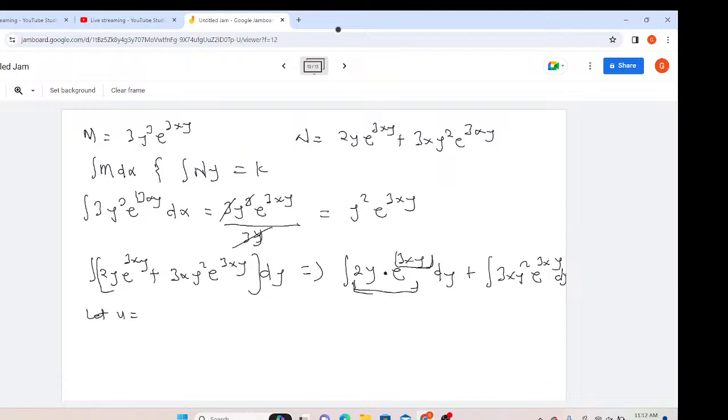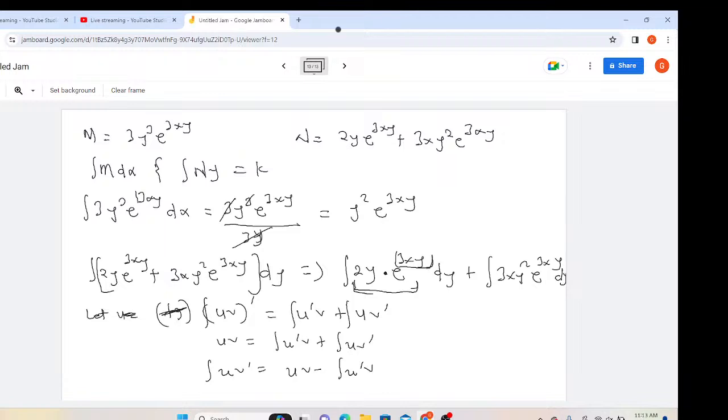When I differentiate u v, or u v prime, this is actually equal to u prime v plus u v prime. So I integrate both sides, and this gives me u v is equal to the integral of u prime v plus the integral of u v prime. So u v prime integral will be equal to u v minus the integral of u prime v.